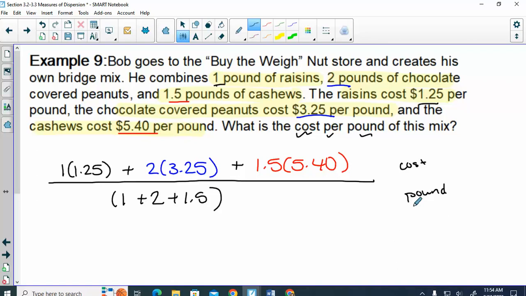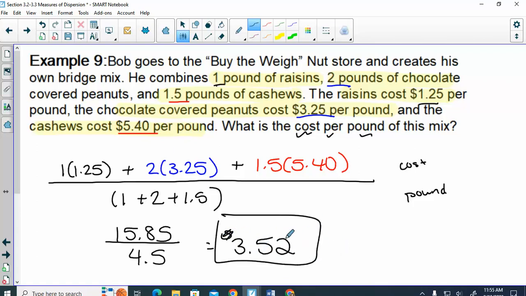So then his total cost was $3.52 per pound. Oh my goodness.